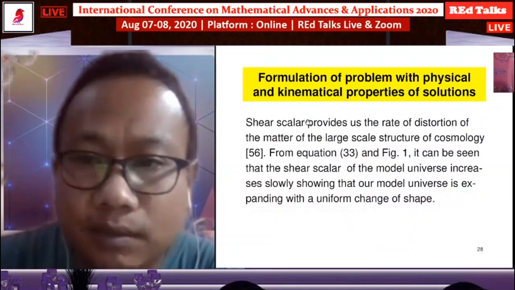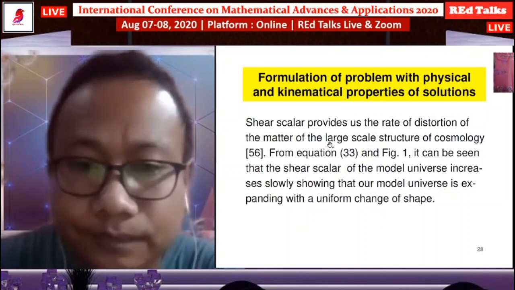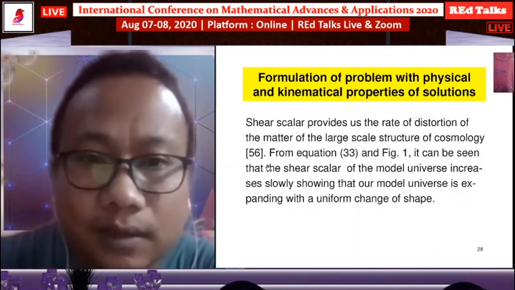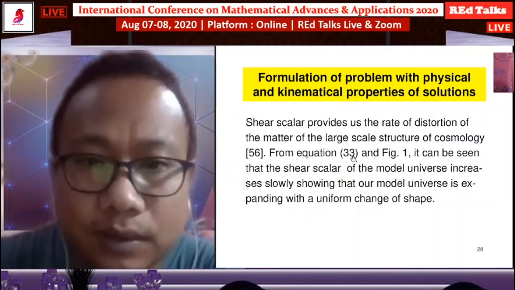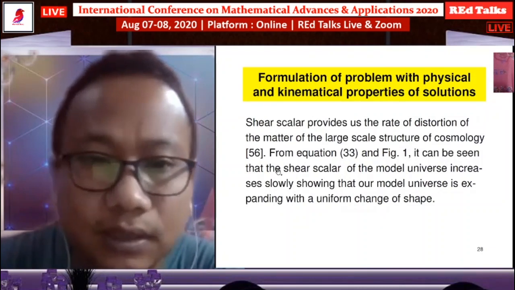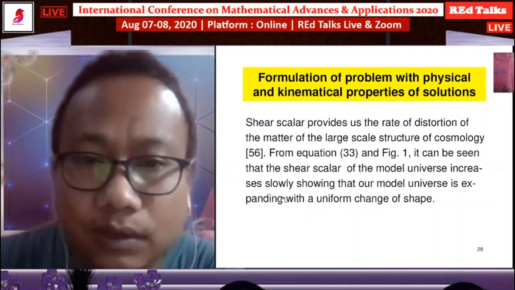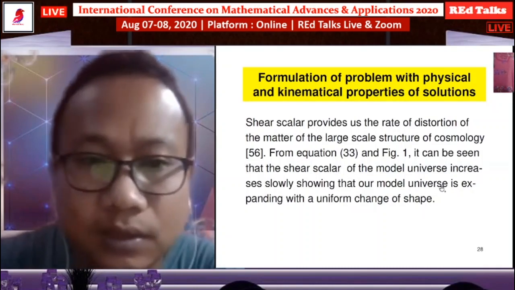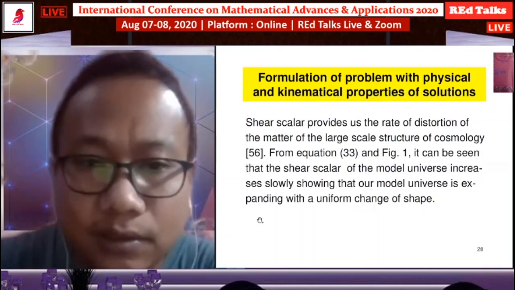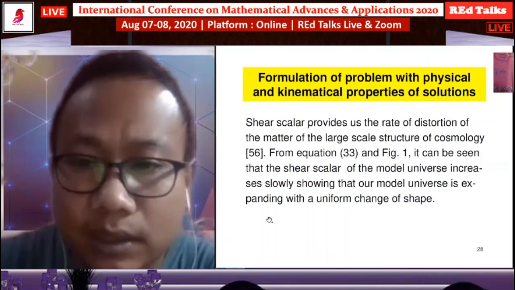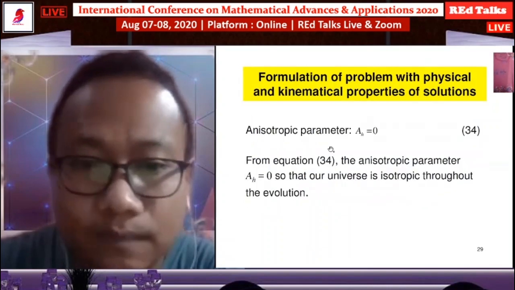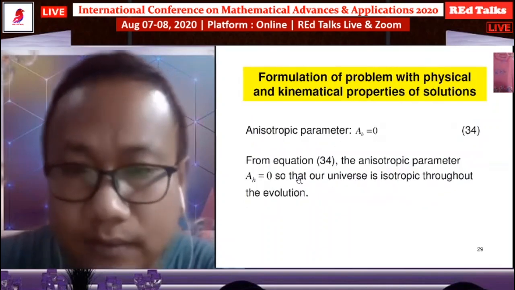And the shear scalar is given by equation number 33. The shear scalar provides us the rate of distortion of the matter of the large-scale structure of the cosmology. And from equation 33 and figure 31, it can be seen that the shear scalar of the model universe increases slowly, showing that our model universe is expanding with a uniform change of shape.